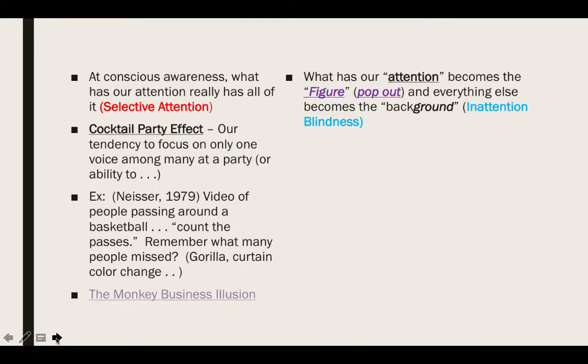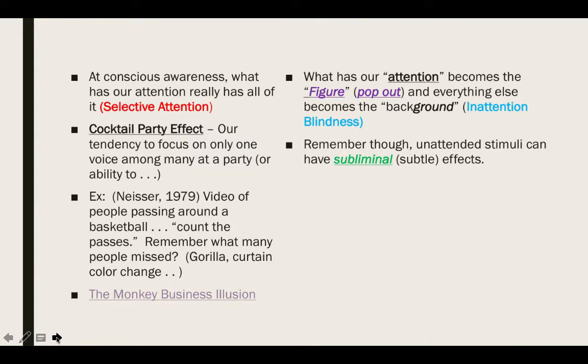That certainly demonstrates pulling a figure from a background, the first task in perception. Sometimes that figure is called a pop-out stimulus, where we may have noticed the gorilla coming in and a player leaving the background, but a lot of us didn't notice the curtain changing color, which again refers to inattention blindness, which we talked about a little bit before.